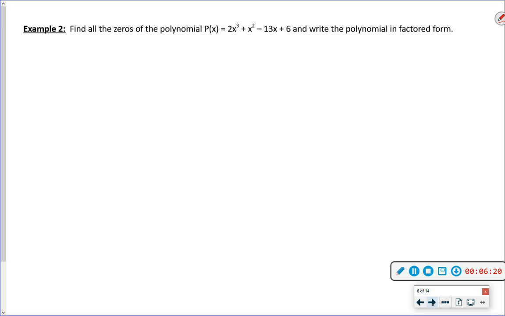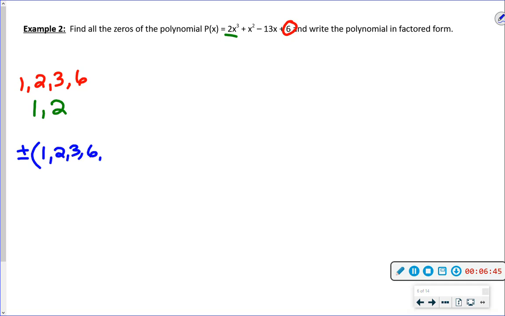I'm going to start with 6, of course. All my factors of 6. Then I'm going to list all the factors of the lead coefficient, 2. And then, of course, my possible answers, they all have plus or minus. It's all the red numbers over 1. Well, if I do all the red numbers over 1, it's just themselves. And then all the red numbers over 2.